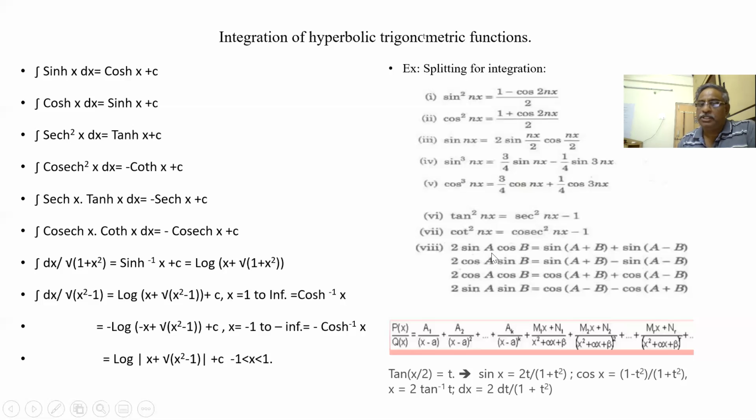So 1 by 2 sin of a plus b plus sin of a minus b. Here half into sin of a plus b minus sin of a minus b. Here half into cos of a plus b plus cos of a minus b. Here half into cos of a minus b minus cos of a plus b. So we should have very strong knowledge of these expansions.